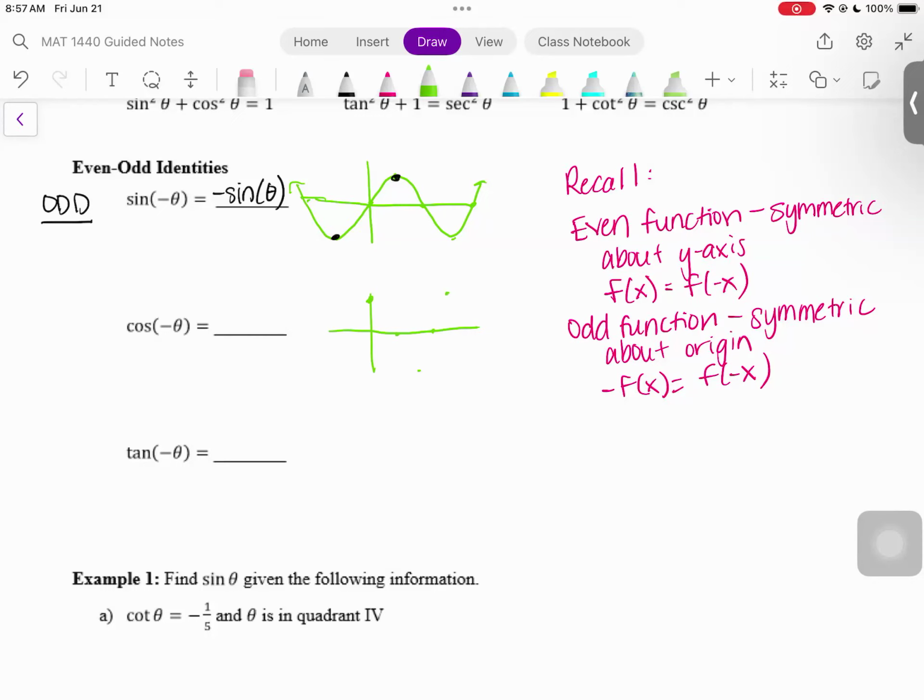If we start on the y-axis at that peak, then we come back to the midline, and even just looking at that one point, starting to connect these points we have, we can see that this is reflected over the y-axis, which tells me that this is an even function. Since cosine is an even function, cosine of negative theta is equal to cosine of theta.